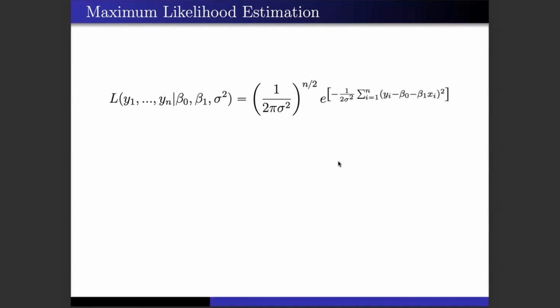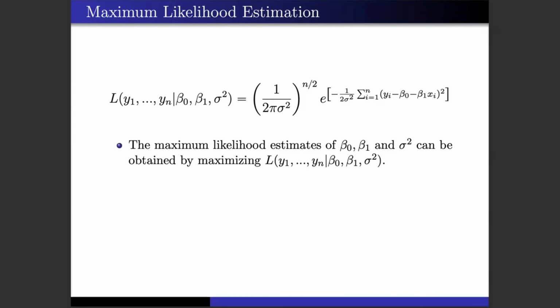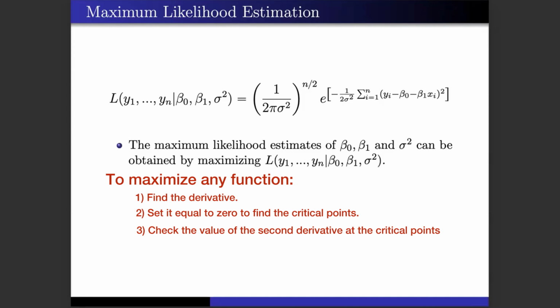And now, as the name suggests, maximum likelihood estimation method, we have the likelihood function. And now, in order to get an estimate of the parameter, we would maximize this function. And to maximize or minimize any function, we use basic calculus, where we find the derivative, set it equal to 0, and check if the function takes the maximum or minimum value at those points.